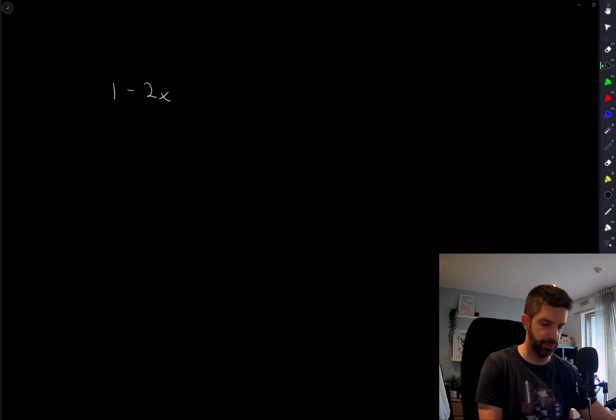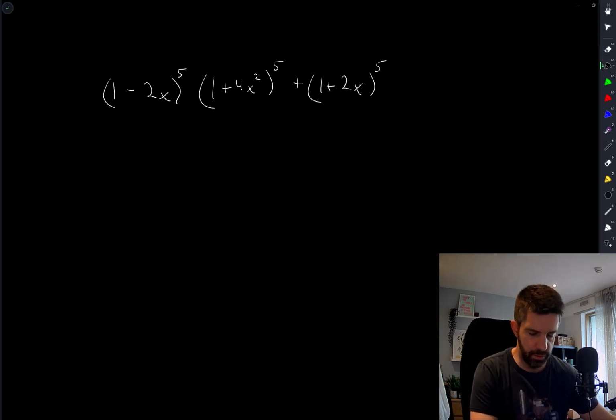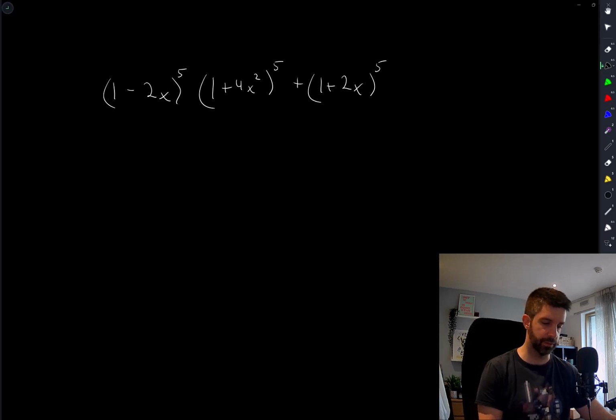(1 minus 2x) to the power of 5 times (1 plus 4x squared) to the power of 5 plus (1 plus 2x) to the power of 5. I notice that this is something raised to the power of 5. So let's factor that.